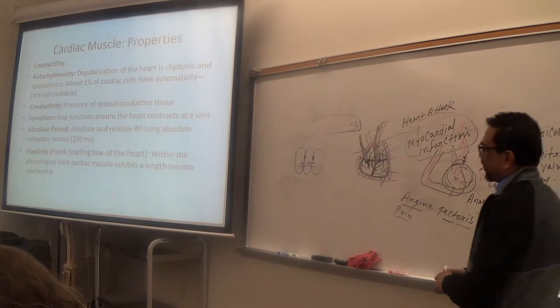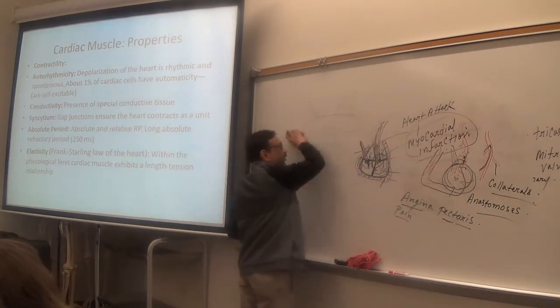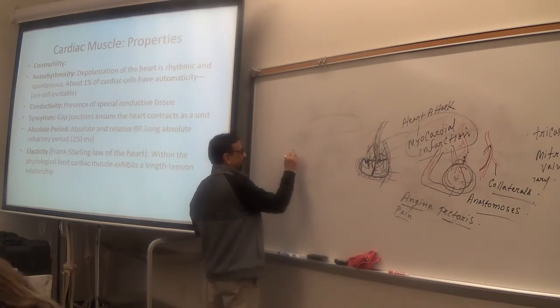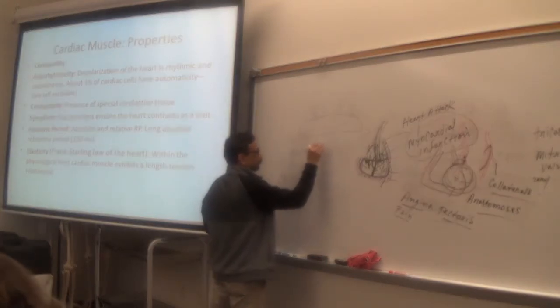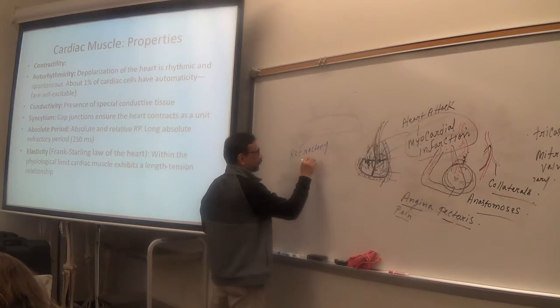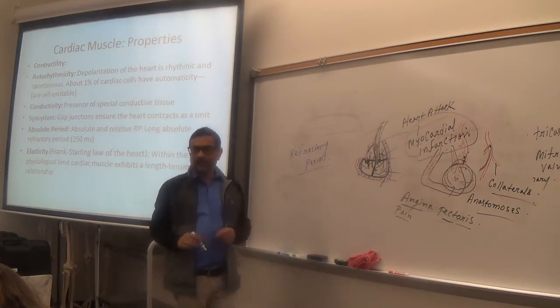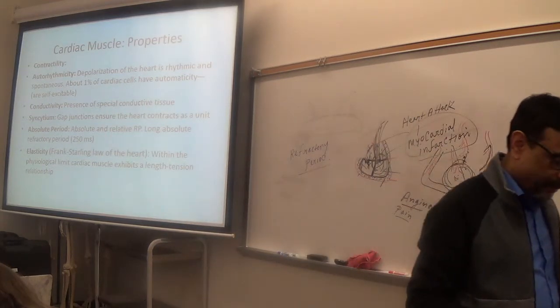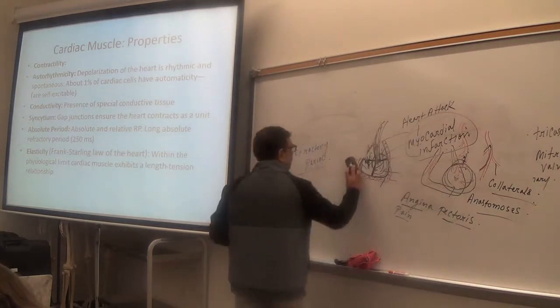Next one, instead of absolute period, please change that word to refractory period. Okay. Refractory period is another important property of cardiac muscle. What is that?